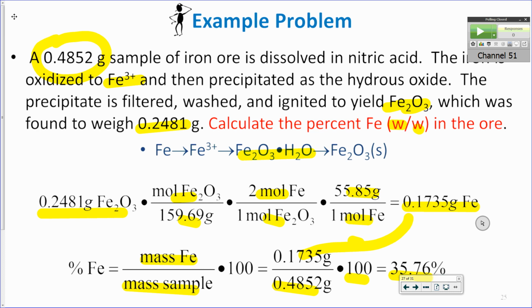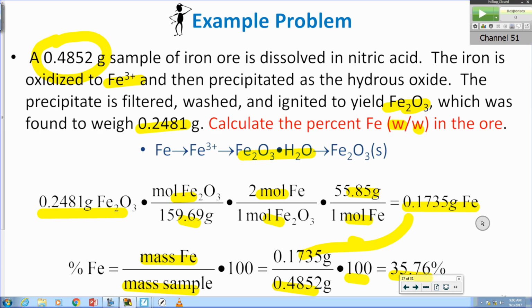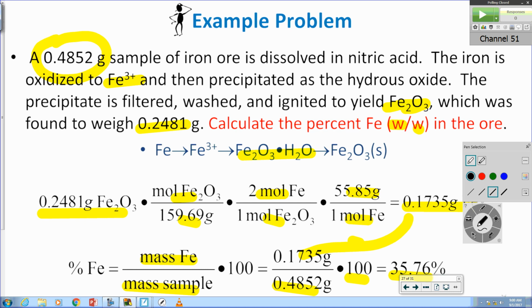So, last thing we looked at was these stoichiometric conversions, where you're looking at relationships and problems where you take a mass. A key thing that I like to emphasize in these is what's the strategy or the setup.